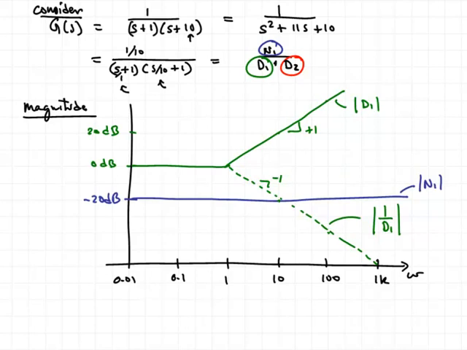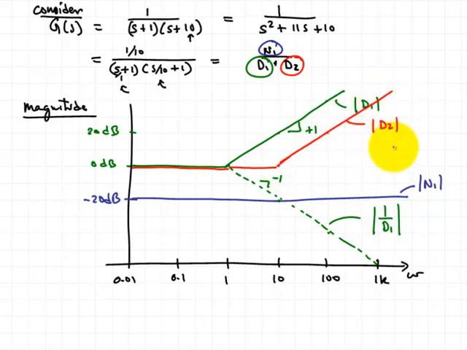Now let's plot the third term. The third term has a break frequency at 10. It also has an asymptotic gain of 0 dB below that. So we'll draw this superimposed on here. And then it's going to go up as well by the same amount as D1. All right.